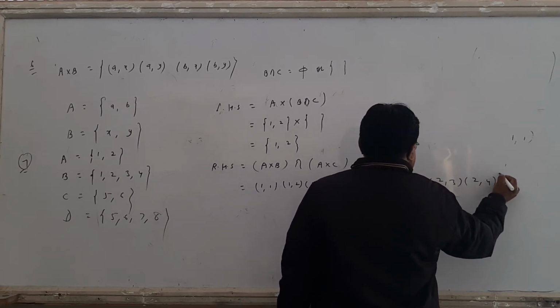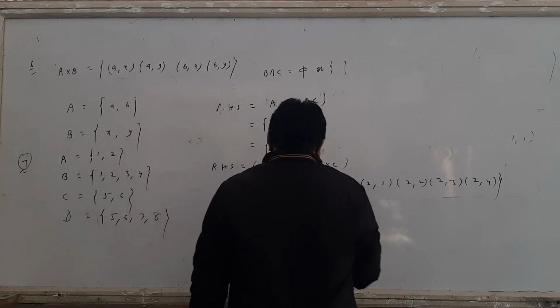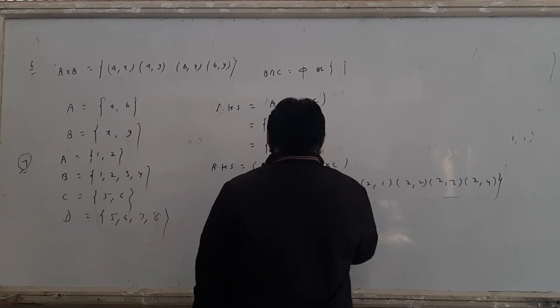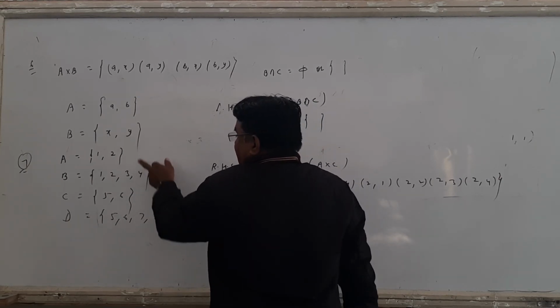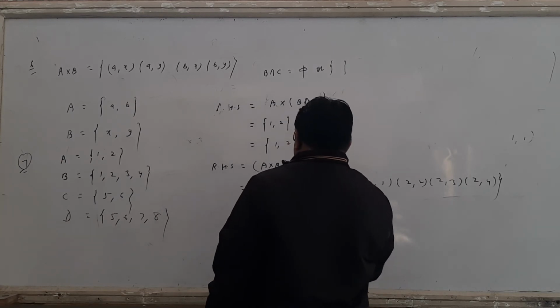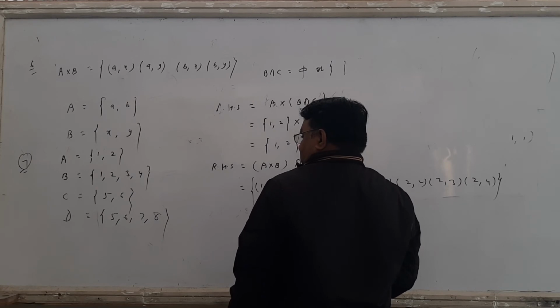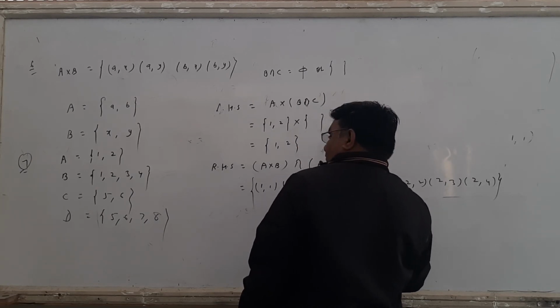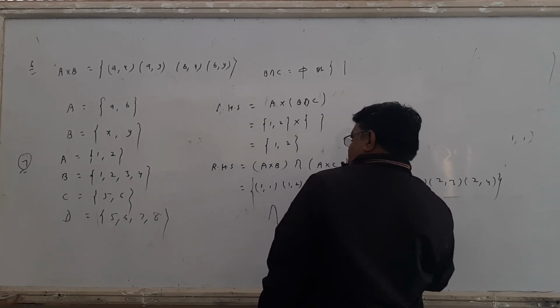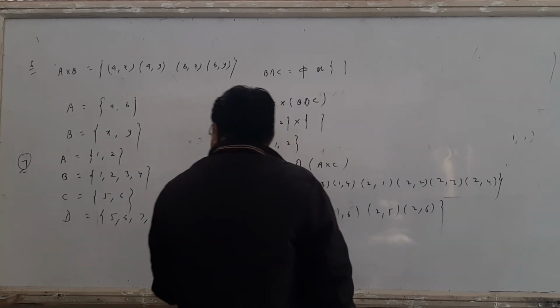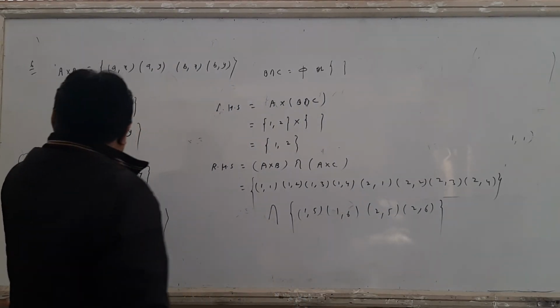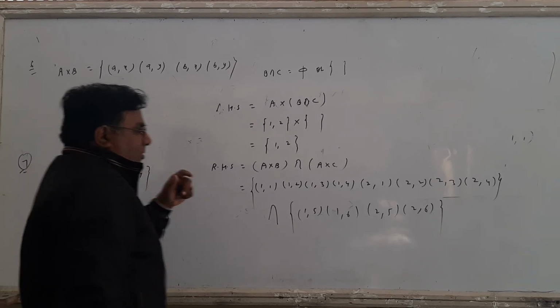This is A cross B. Now A cross C: (1, 5), (1, 6), (2, 5) and (2, 6). This is A cross C.